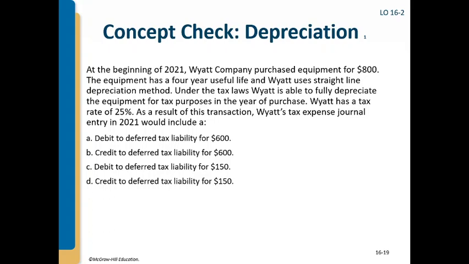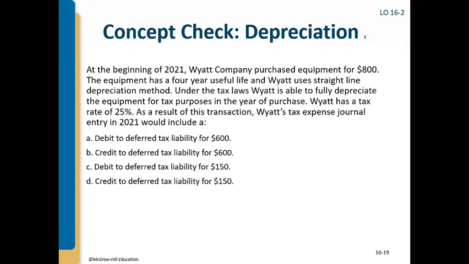Well, let's see, let's pull this apart. Purchase equipment for $800, 4-year useful life. Okay, so under financial accounting, they would depreciate $200 per year over the 4-year useful life.